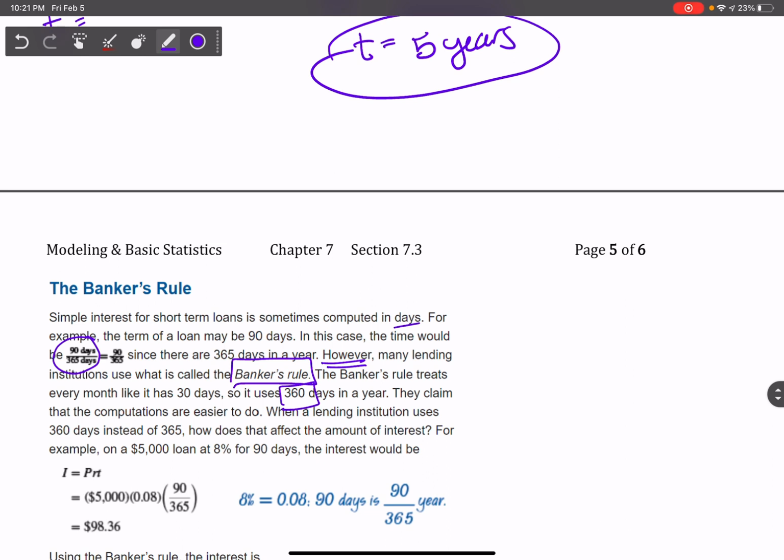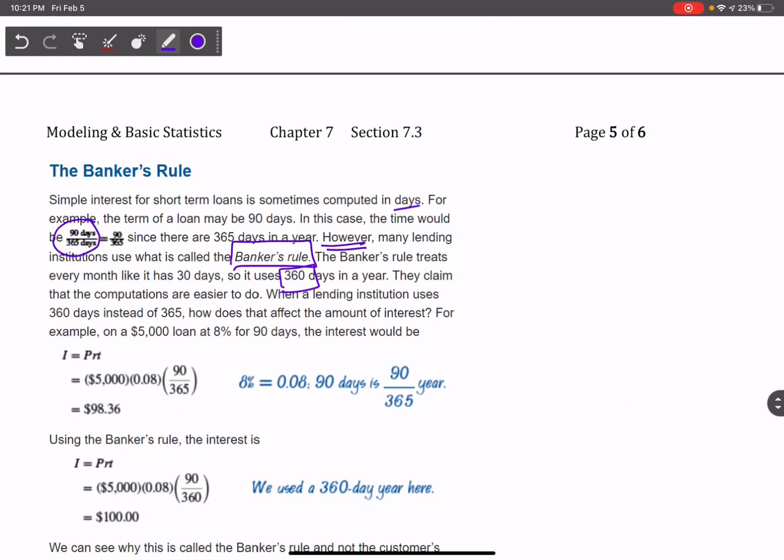When a lending institution uses 360 days instead of 365, how does this affect the amount of interest? Okay, well, let's look. If we were to compute it regular with 365 days in the year, the interest would be $98.36. This is what you will have to pay the bank for borrowing money. However, the banker's rule uses 360 days.